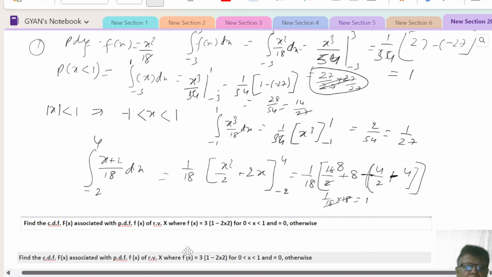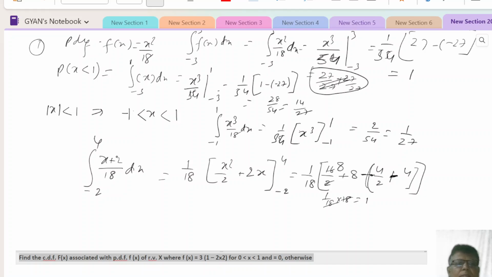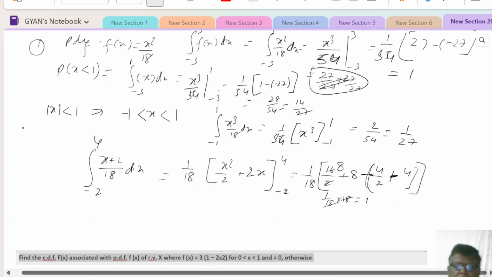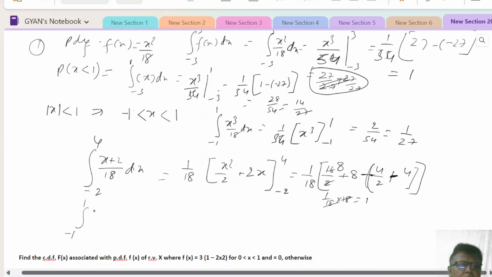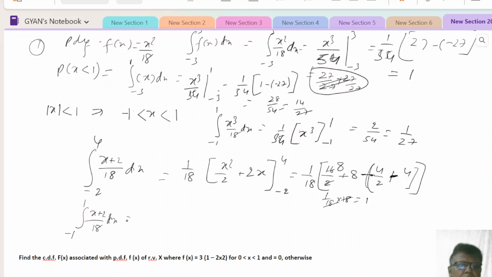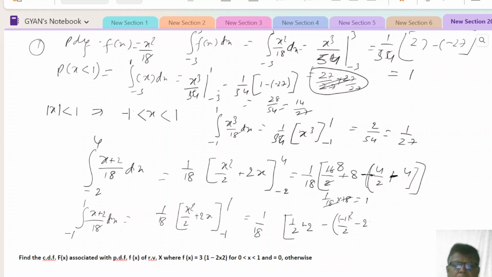So how you can find in the interval? What is the interval? P is less than 1. So p is less than 1, that means minus 1 to 1 of x plus 2 by 18 dx. Then 1 by 18 into x square by 2 plus 2x from 1 to minus 1. 1 by 18 into 1 by 2 plus 2 minus 1 square by 2 minus 2.